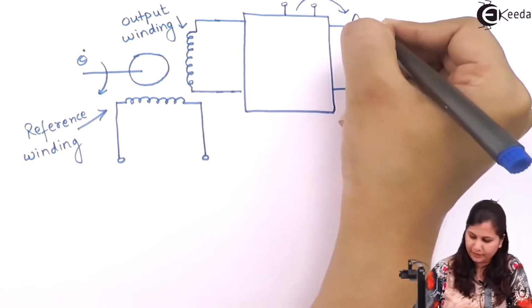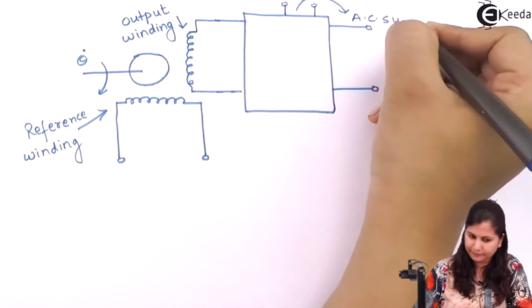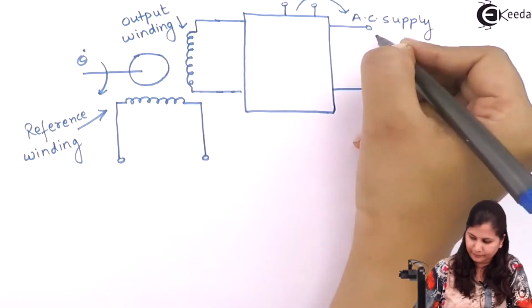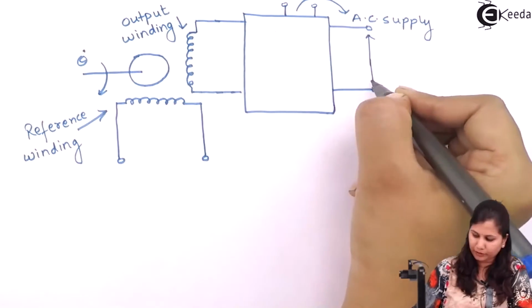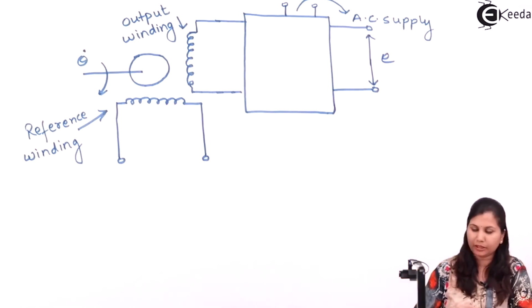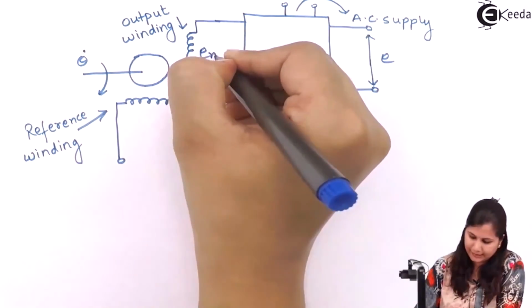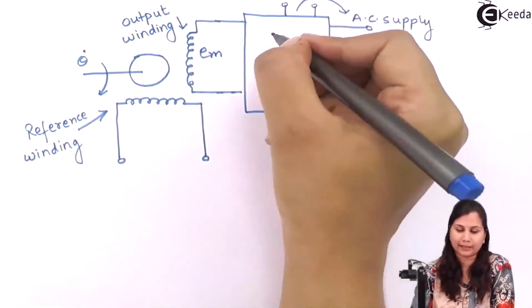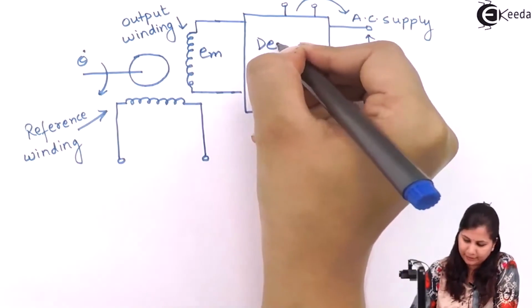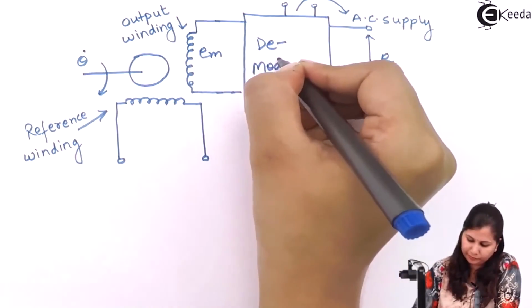Here we will give the AC supply, and these are the output terminals. So at the output we are going to get the output voltage E, and this is E_M, the back EMF, and it is the demodulator.